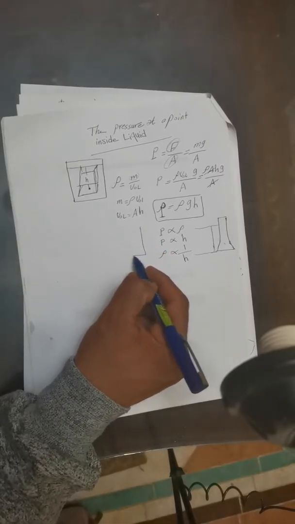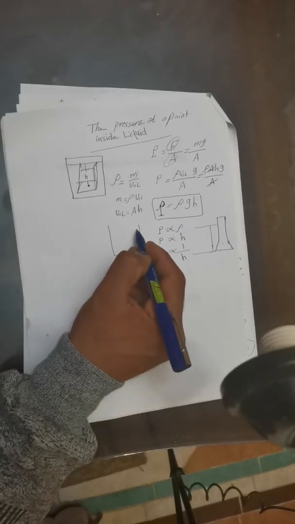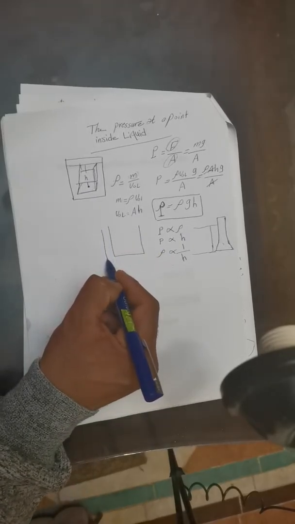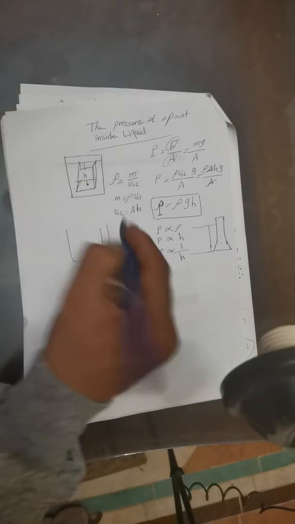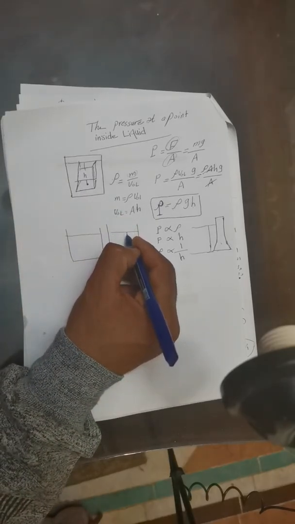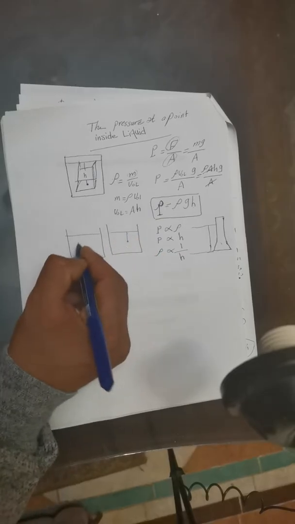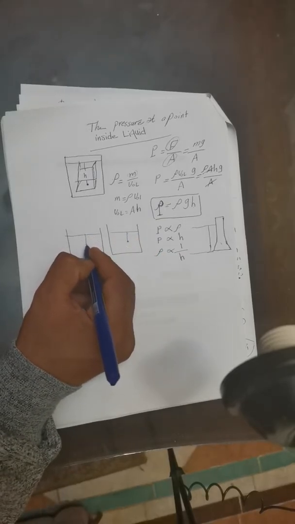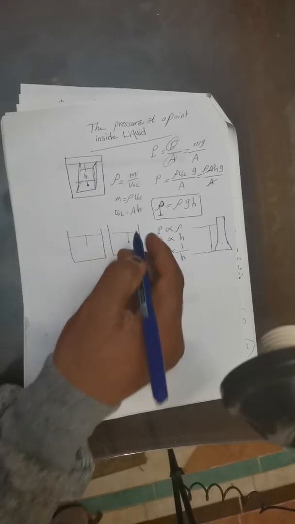If we have two fluids like water and glycerine, the points with the same pressure will not be at the same depth.